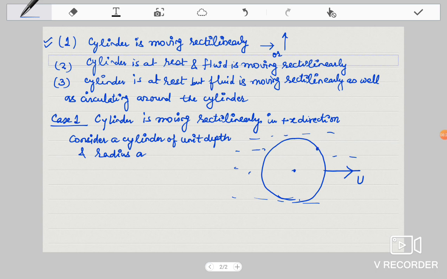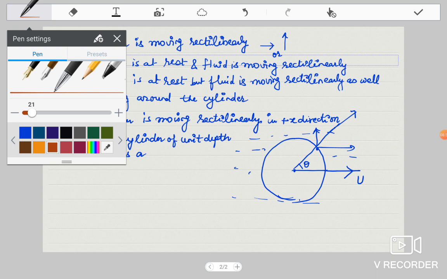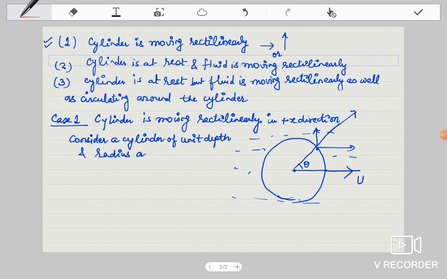So at any point of the cylinder, if I draw this line and this angle is theta, then at this point I may draw two lines like this, where this is the horizontal component of velocity and this is the vertical component of velocity. Similarly, this will be q_r because it is along the radius.